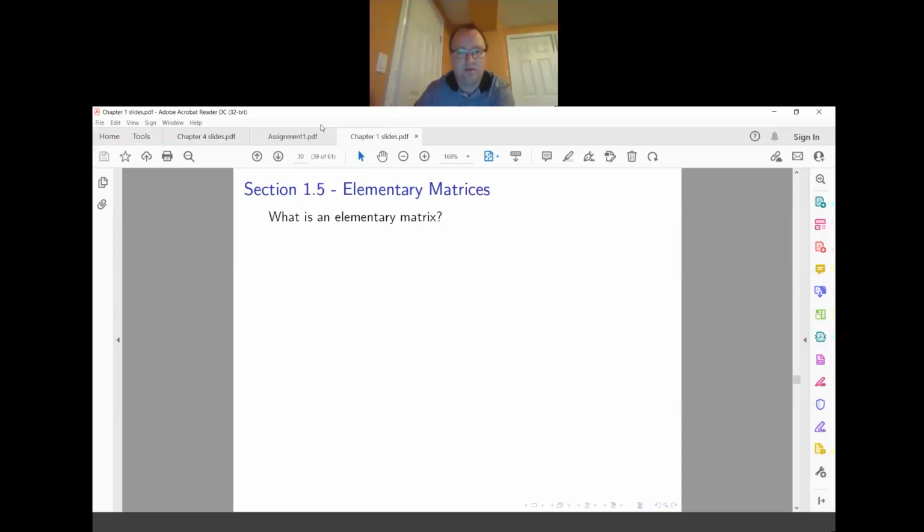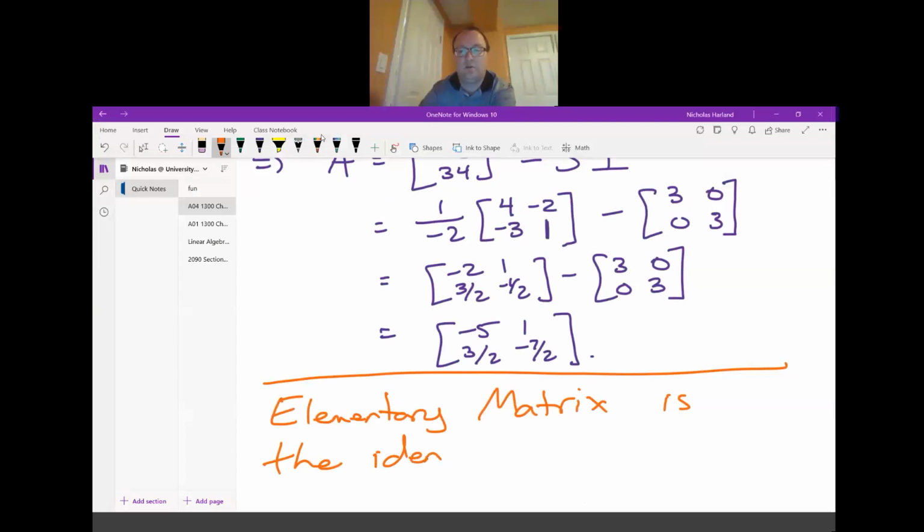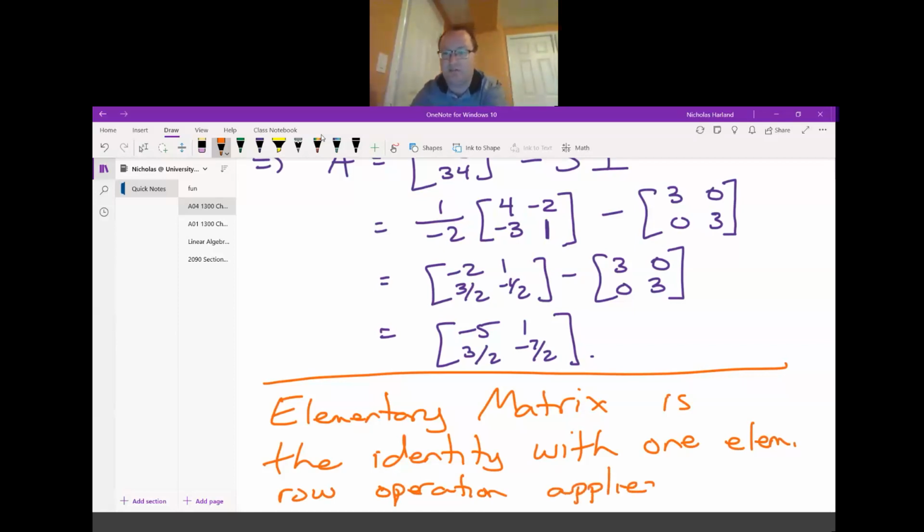So an elementary matrix is the identity with one elementary row operation applied to it.